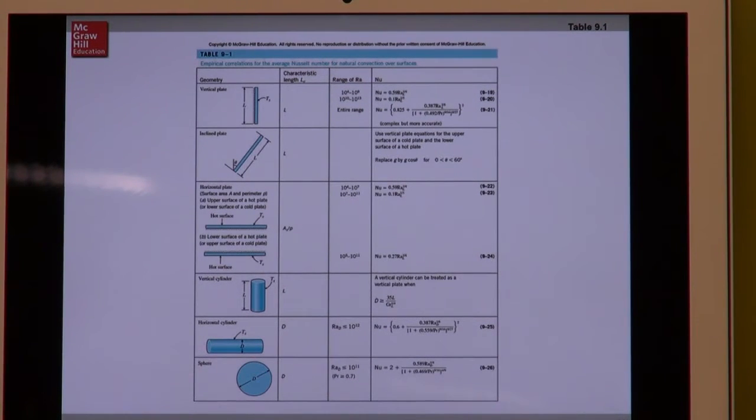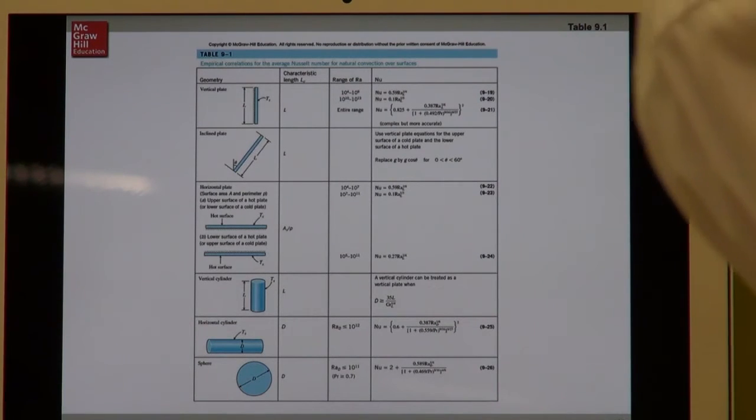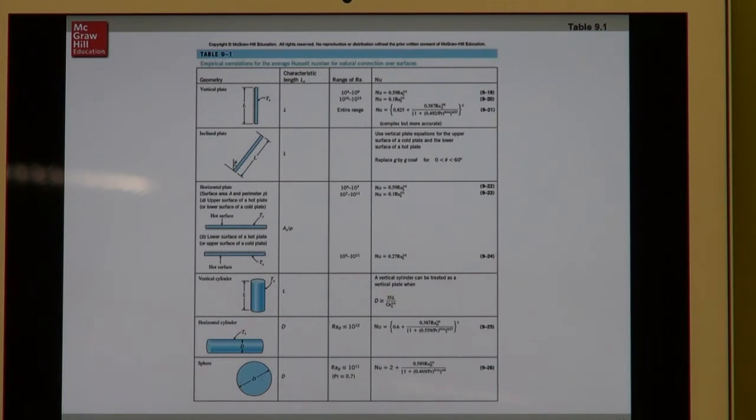So if you can look at that table, you will see that in the table there are a few geometries. In the video, I think it is going to be a little bit too small, but it is a vertical plate typically, then it's going to be an inclined plate, then there's going to be horizontal plates, a vertical cylinder, a horizontal cylinder, and a sphere. Okay, do you see it?